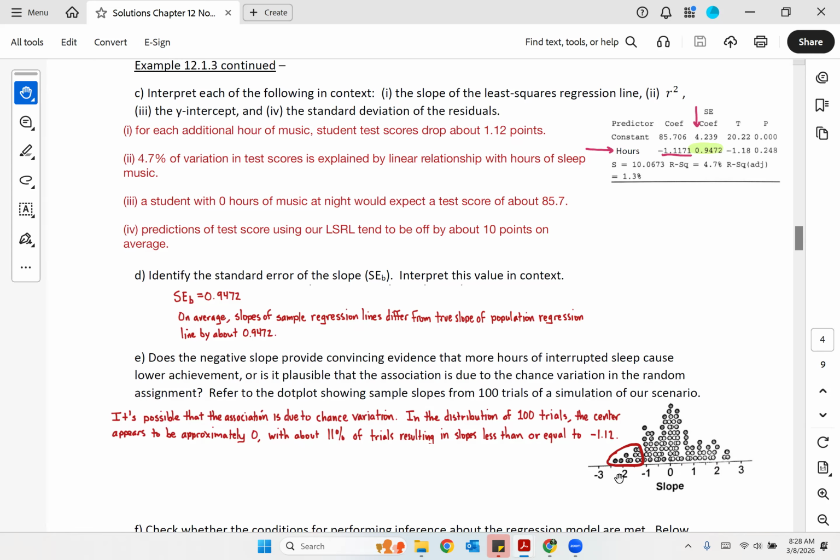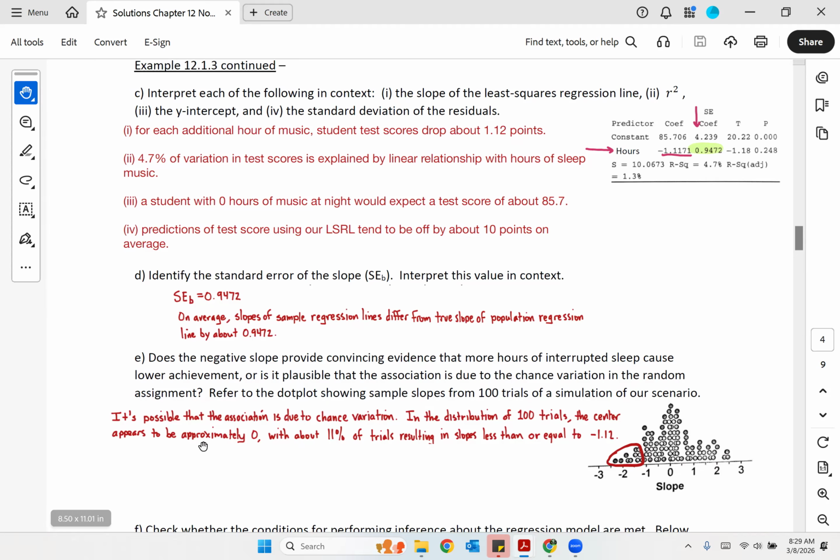Okay. But here I tried to find all the dots where we had a slope of either negative 1.1 or lower. Okay. And it's not a huge portion of the graph, but it is reasonably large that I wouldn't say extremely rare.